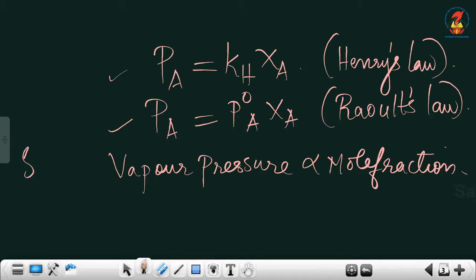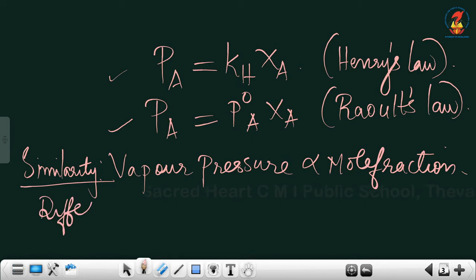This is the similarity between Raoult's law and Henry's law. The difference is that they differ by the proportionality constant: KH for Henry's law, and P0A for Raoult's law. So they differ by proportionality constants.